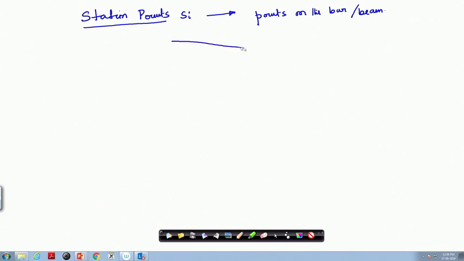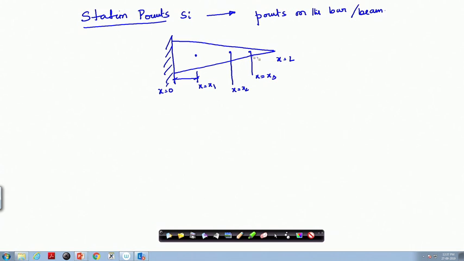So, suppose I have a beam with varying cross section, and I can choose any point. Say this is x equal to 0 and this is x equal to x1, this is x equal to L. I can choose any points within the domain or on the beam or bar, x equal to x2, x equal to x3, and these points will be the station points.